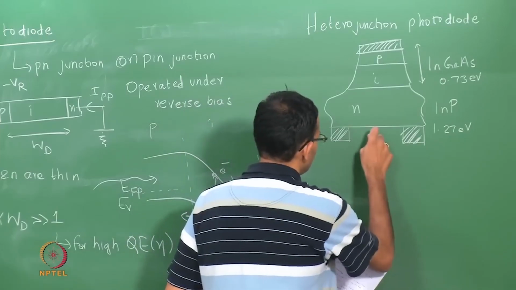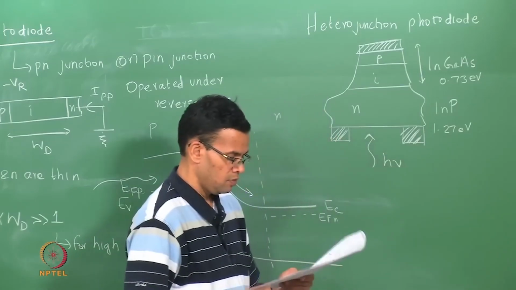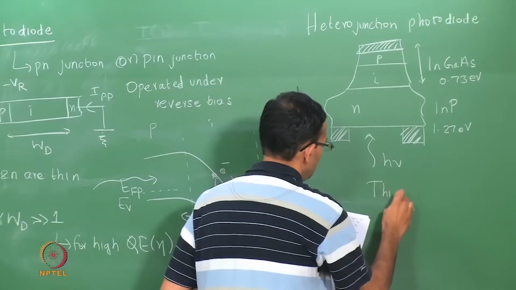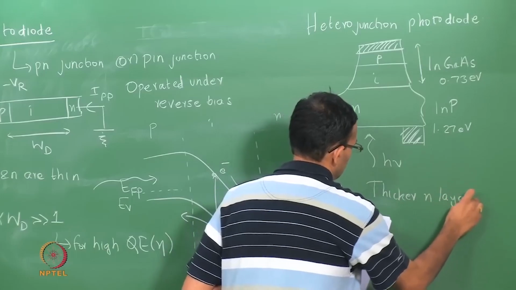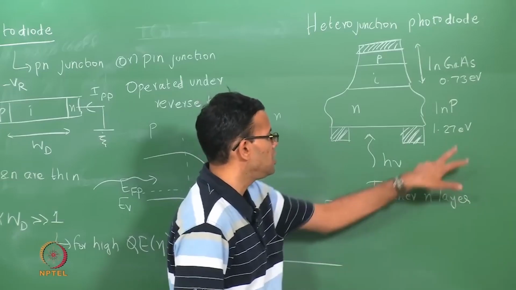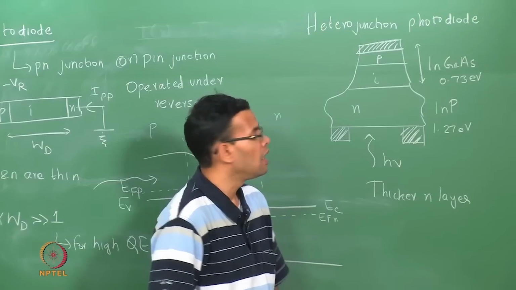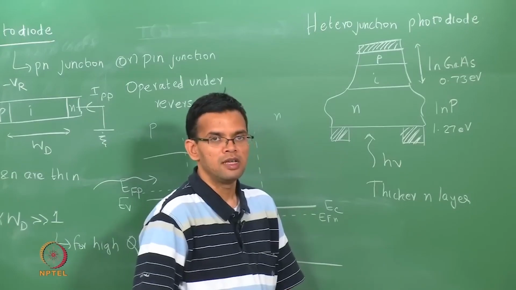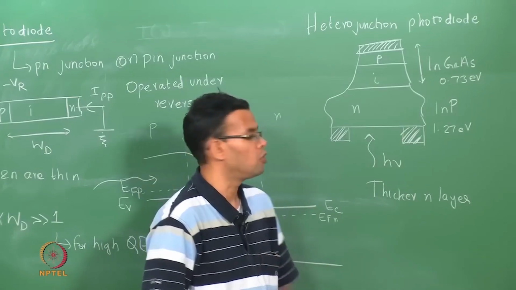So, in this case, light shines from below, so that you can have a thicker N layer, so that all the wavelengths whose energy is below 1.27 will get absorbed. Another advantage of the heterojunction photodiode is that you can cut off certain portions of the wavelength that you do not want.